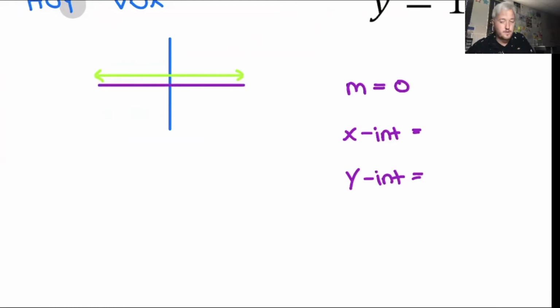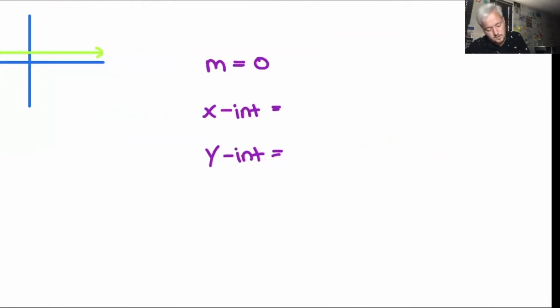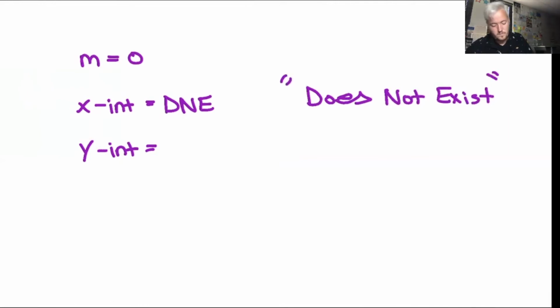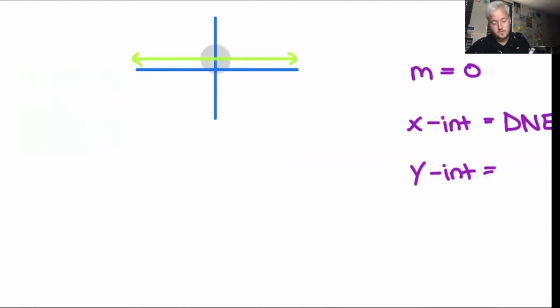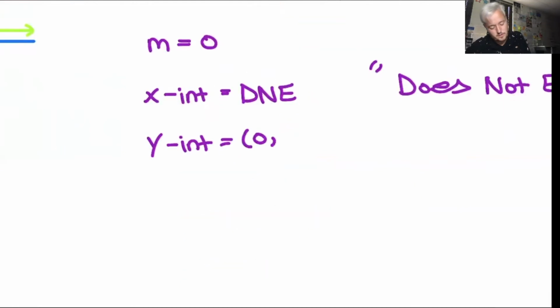It never intersects the x-axis. So what does that mean in terms of an x-intercept? Well, if it never crosses, that means the x-intercept is what we call DNE. DNE just means does not exist. But if you look at the y-intercept, you see it crosses right there. It's literally just the number itself. So in this case, the y-intercept would be 0, 1.